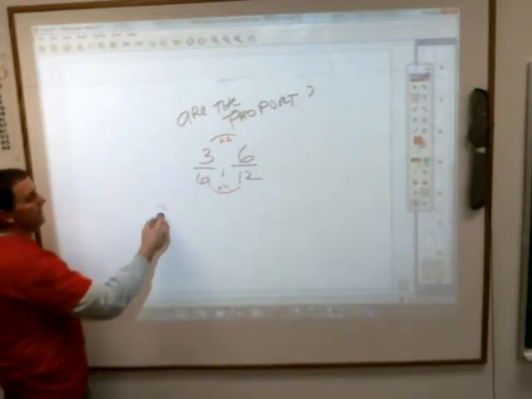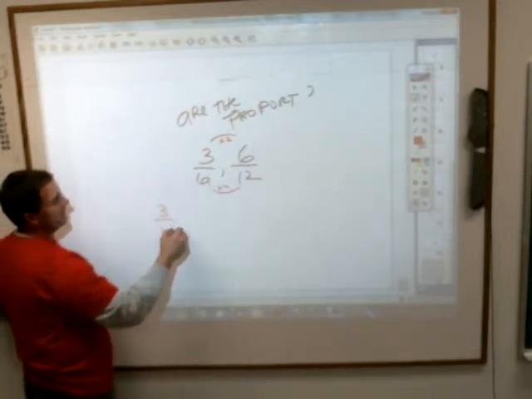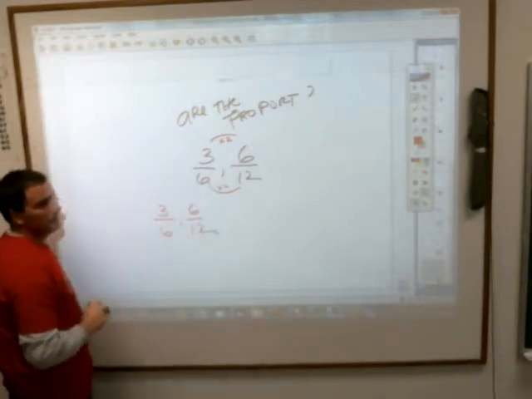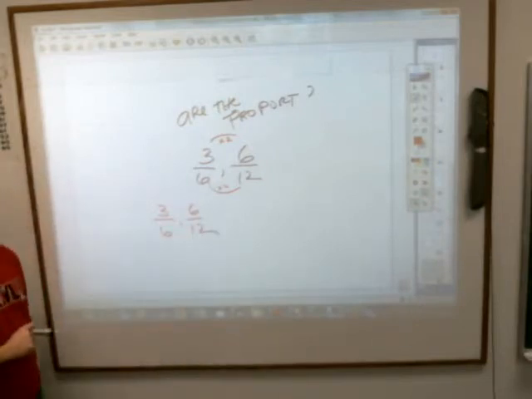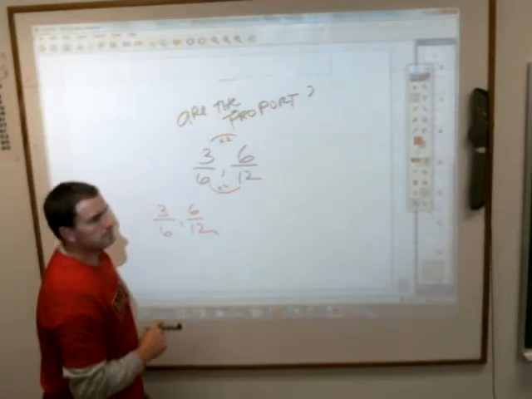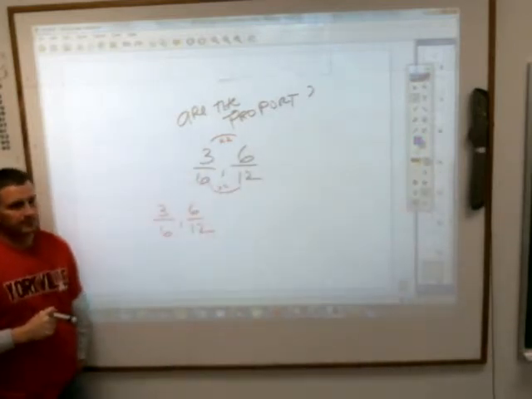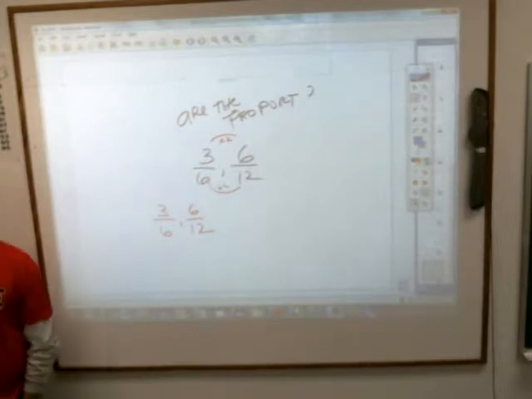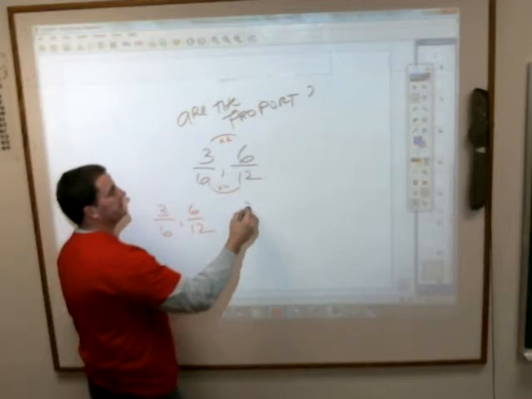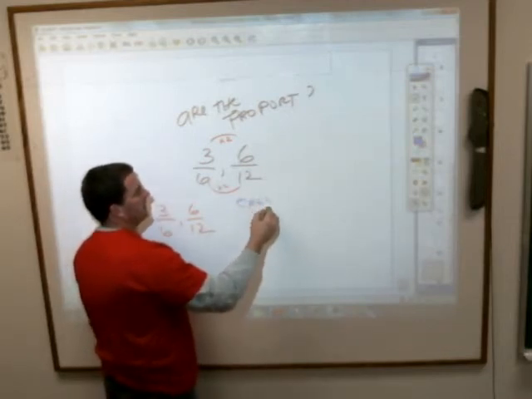Okay, another way to tell if they're proportional that might be faster. Ashley, you got it? You can see if the one on the left goes into the one on the right. Well, that's kind of what we did there. Another way, a quick way to see if they're proportional is what we like to call cross products.